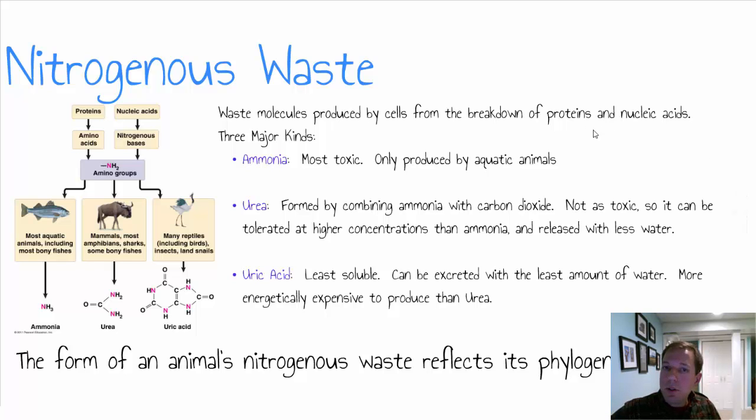Now, once those things are broken down, something needs to happen to them because they are actually toxic. Some organisms produce ammonia, or as in humans, we could have ammonia as a byproduct, which will then be converted into one of two other forms in land animals. Urea, which is found in humans, or uric acid, which is more common in things like birds.